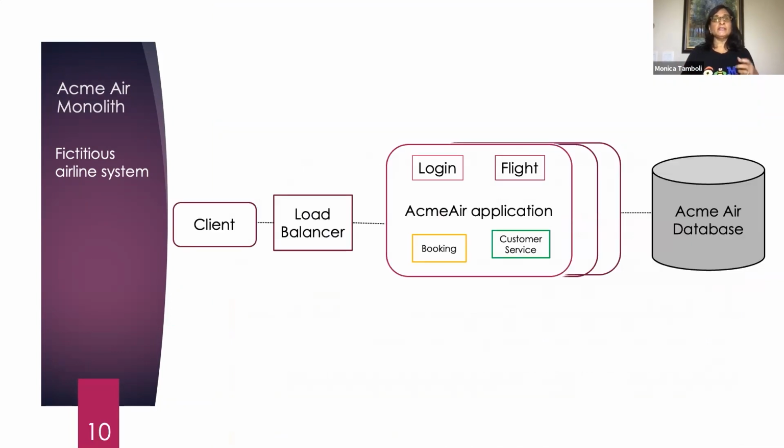So first, let's consider the monolith Acme Air. In this, you have your browser client, that's you sitting on your computer, trying to access this application here. The application is again divided into different modules, but they are just packaged together. And here there is a central Acme Air database where all the information is stored.